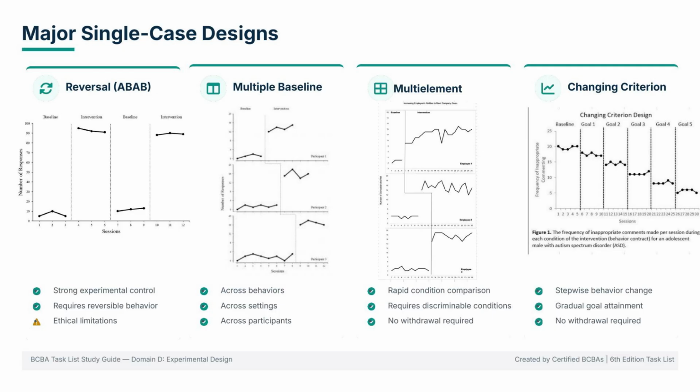It does not require withdrawal, making it more ethical than reversal designs. Multielement. This design allows for rapid comparison between different conditions. You don't need to withdraw the treatment, and it works well when you want to compare multiple interventions at once. Changing criterion. This design gradually shifts the goal or criterion for behavior change. It's great for behaviors that need step-by-step improvement.